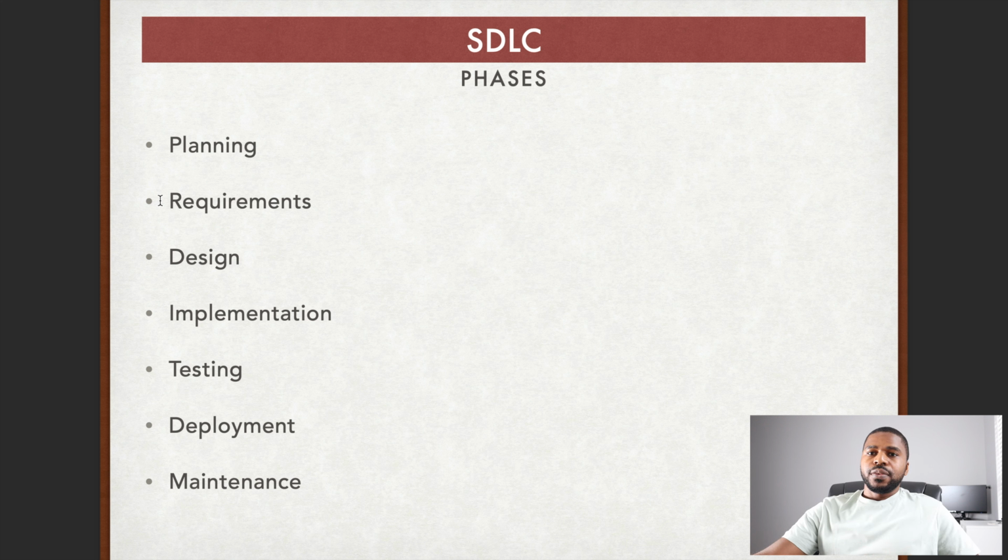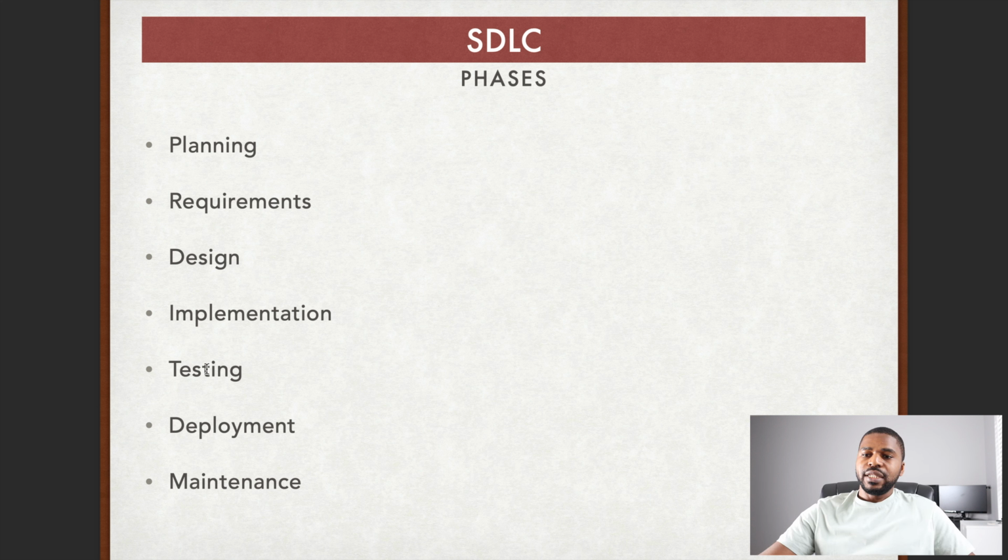And after you've written all the requirements, you move on to the design phase where you start writing documents about how your software is going to work. Once you're done with the design, you might have to write a technical design document which explains at the lowest level possible how the software or your application is going to be implemented.